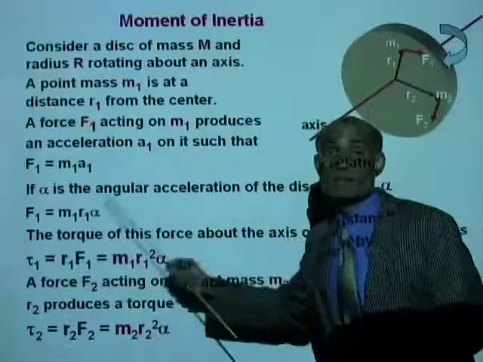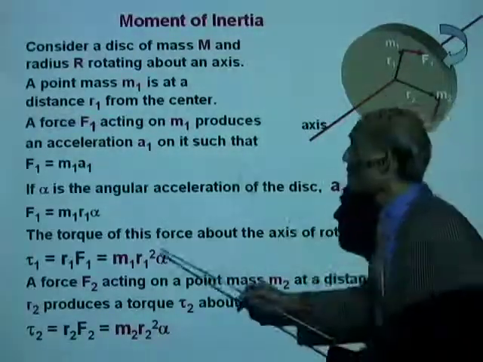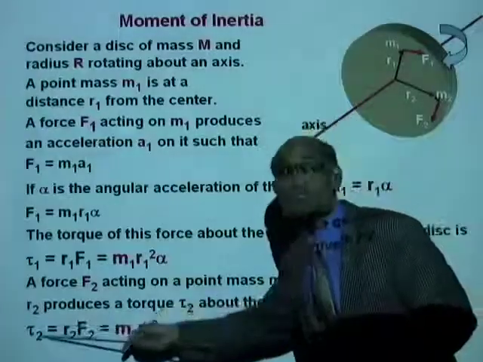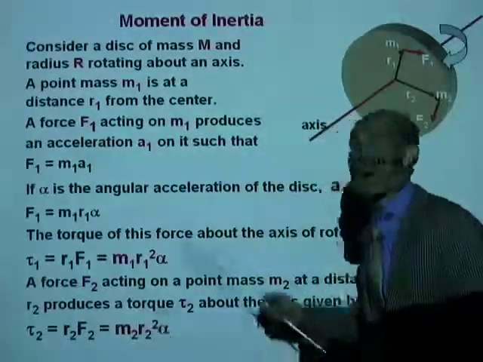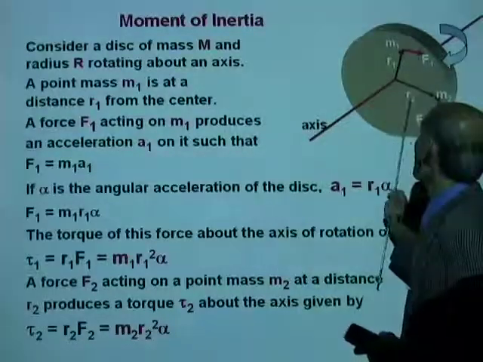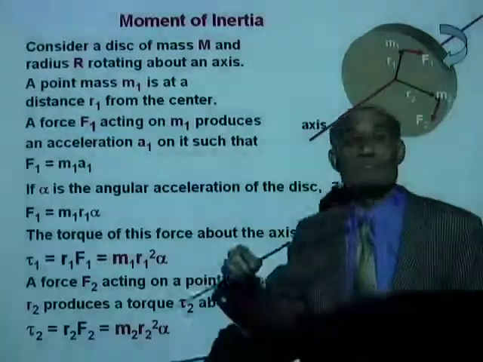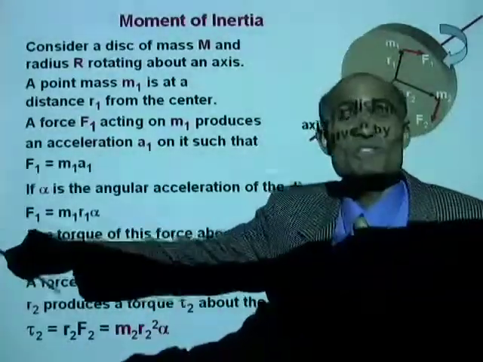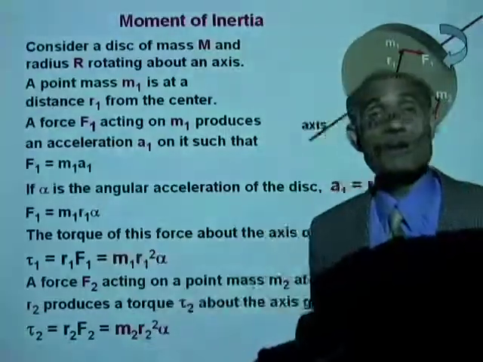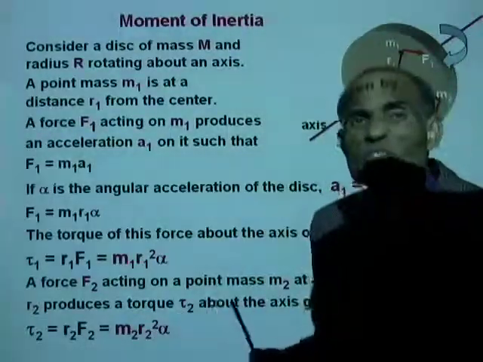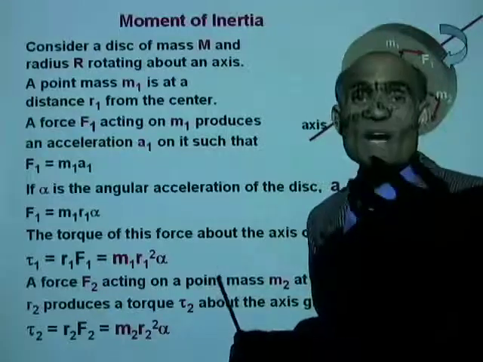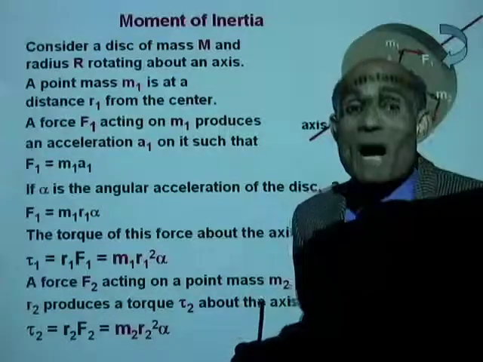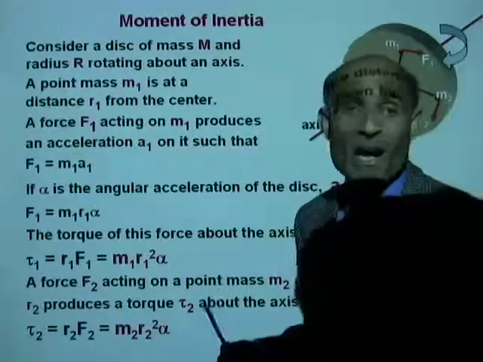So tau 1, the torque on the first particle, is m1 r1 squared alpha. Tau 2, the torque on the second particle, is m2 r2 squared alpha. The torque on a third particle will be m3 r3 squared alpha, and so on. If you now take an ith particle, the torque will be mi ri squared alpha.